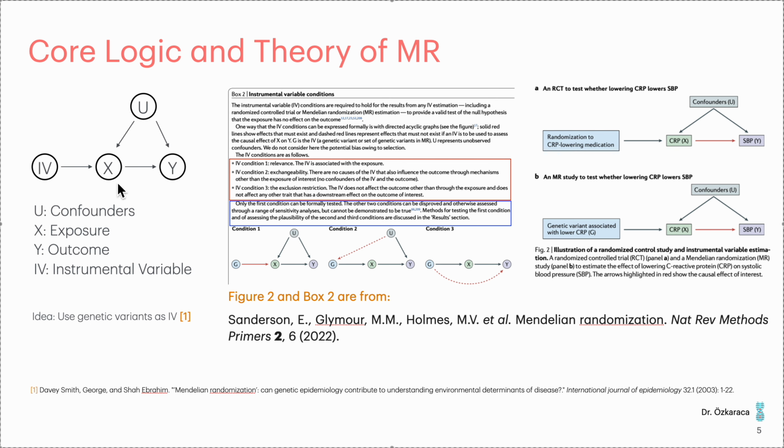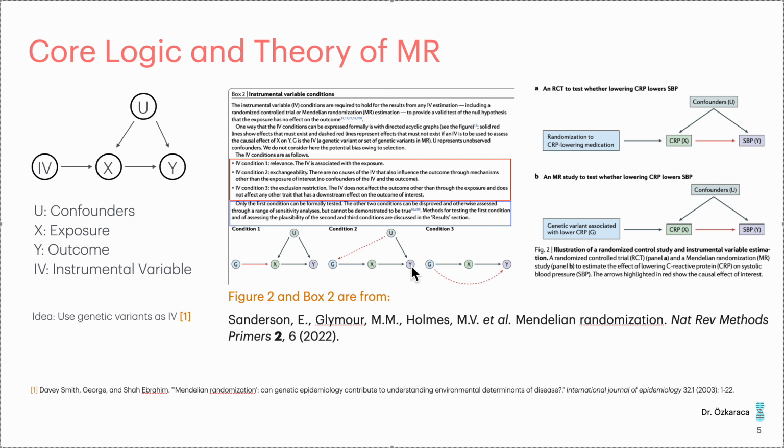And to be valid, the IV must satisfy three conditions, which are outlined in box 2 in the middle of the slide. So basically, one is relevance. The IV must be associated with the exposure. Two is independence or exchangeability, which indicates that there must be no confounders between IV and outcome Y. And three is exclusion restriction.